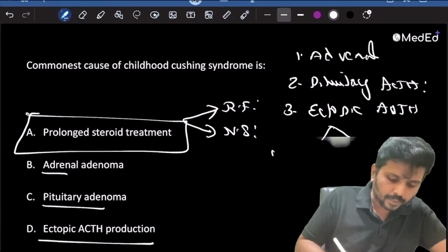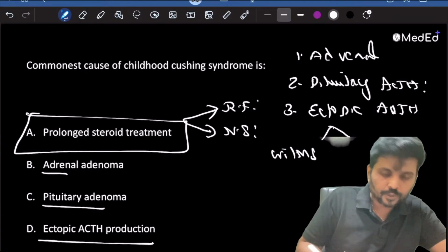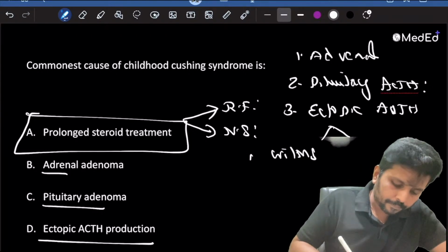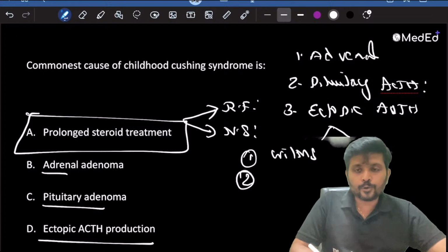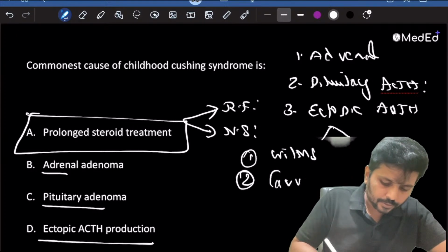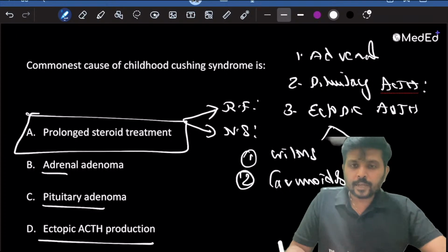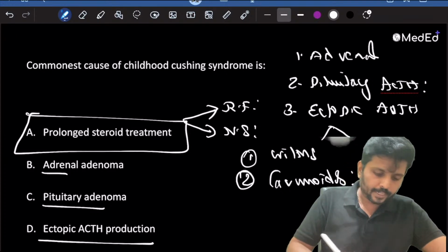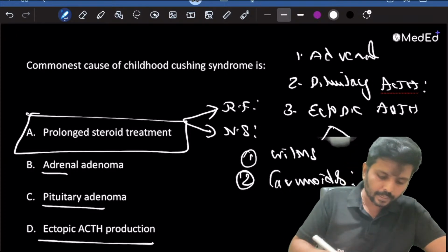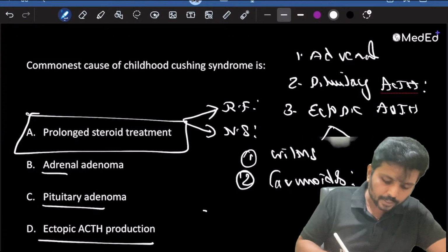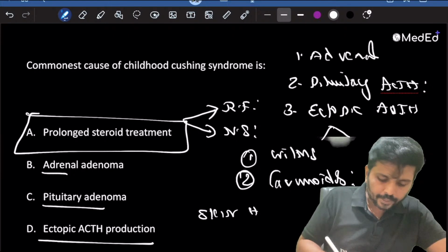Ectopic ACTH means it can be produced by Wilms tumor, or by carcinoids. Right. How do you differentiate between pituitary ACTH and ectopic ACTH? There will be skin hyperpigmentation.